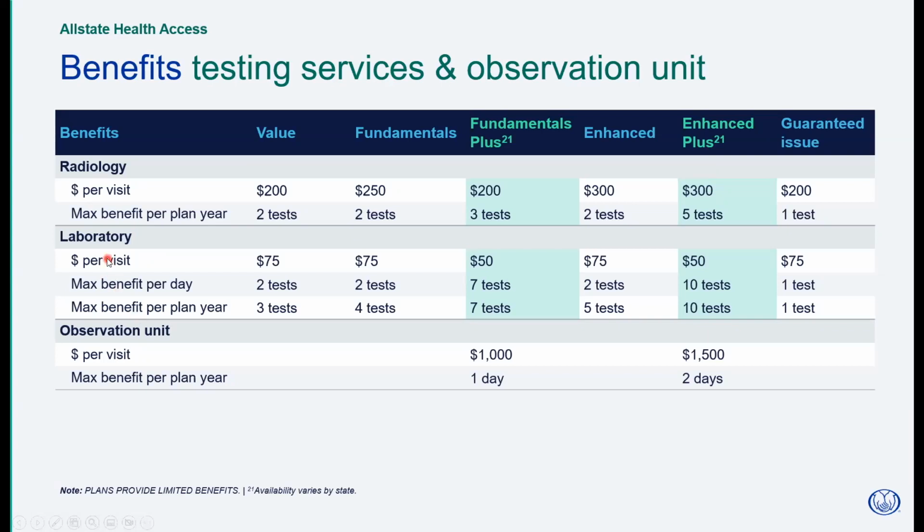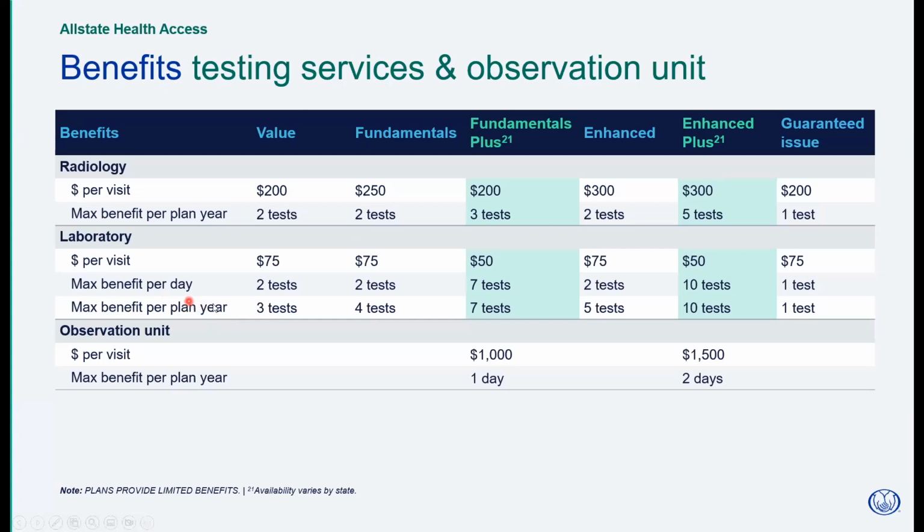Laboratory, a little bit different here, so pay attention. It is a per visit benefit ranging from $50 to $75. Now, with this, it also has a max benefit per day and a max benefit per plan year.